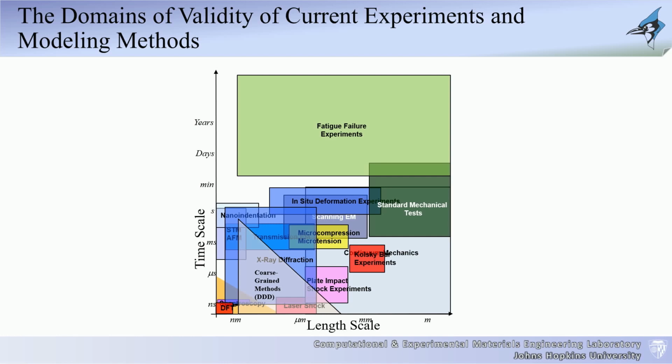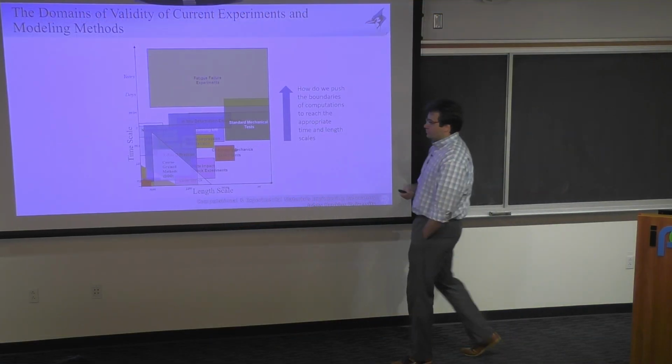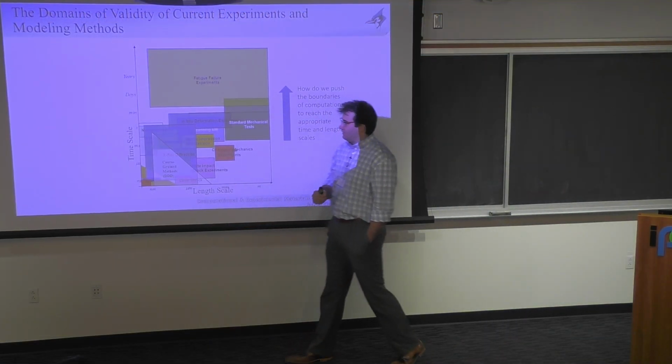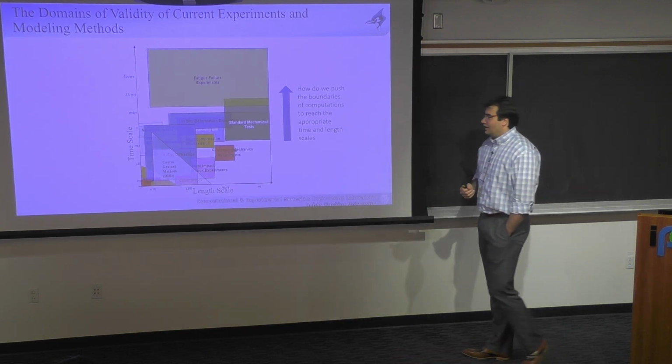But nevertheless, most of our understanding of fatigue failure, you can understand fatigue evolution or damage evolution during cyclic loading from these types of simulations. But if you really want to predict the fatigue failure, it's a very complex problem that the models just cannot reach in terms of length scale or in terms of time scale predominantly.